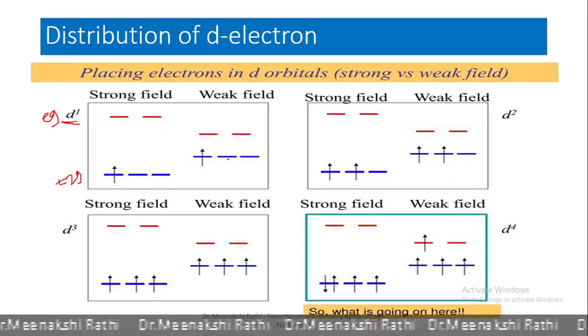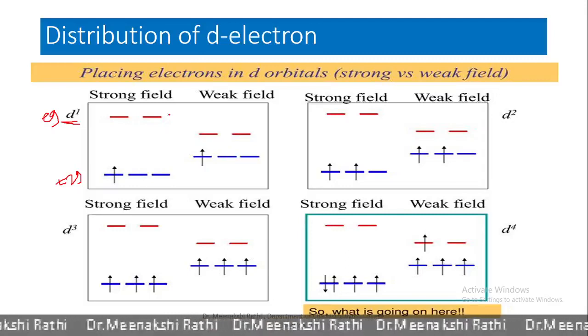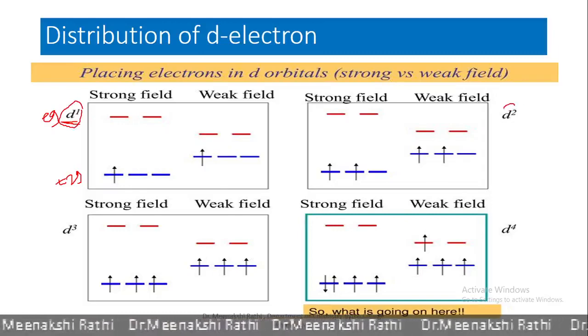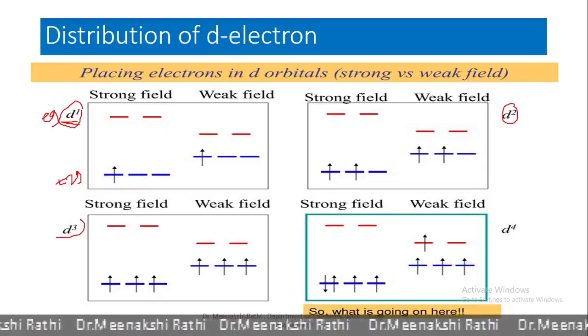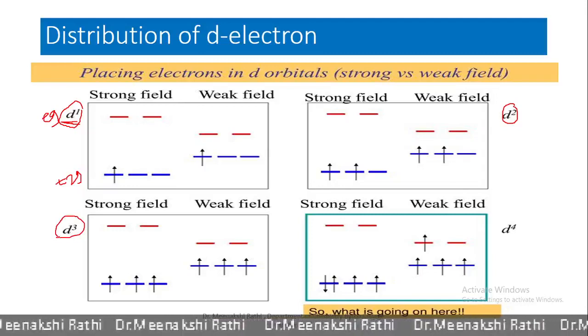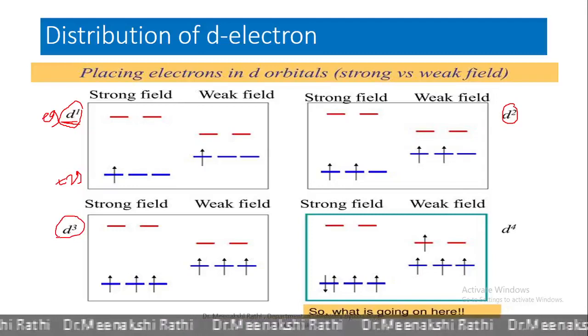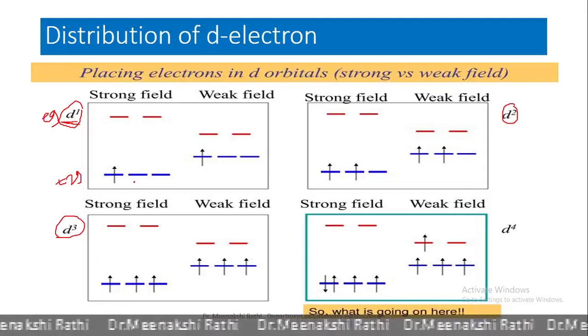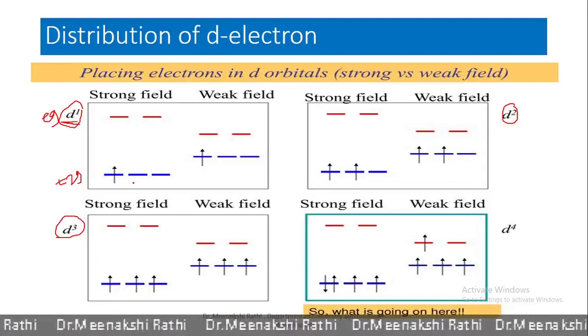Splitting is less. Okay. So in case of d1, d2 and d3, whether the electrons are in strong field or weak field, they will occupy only the lower energy level according to Hund's rule of maximum multiplicity.